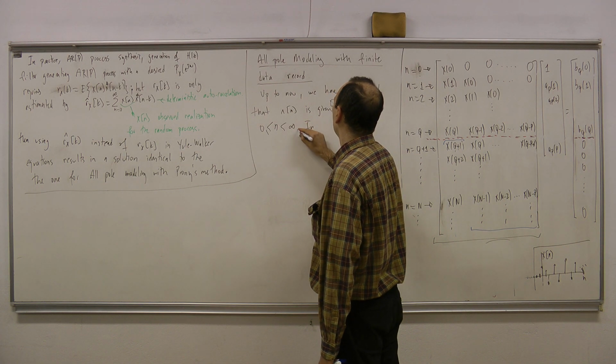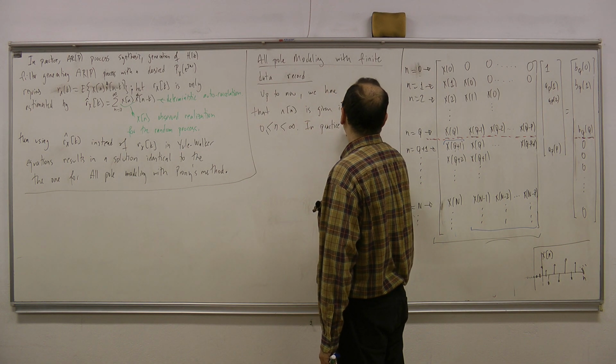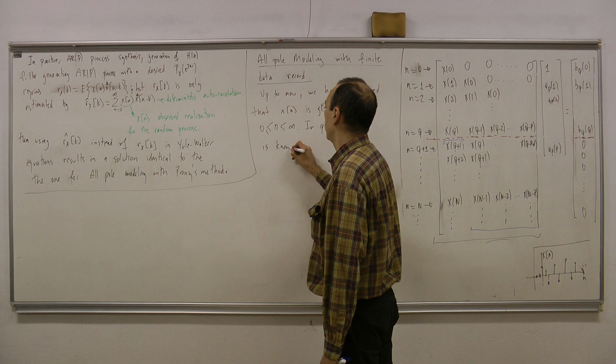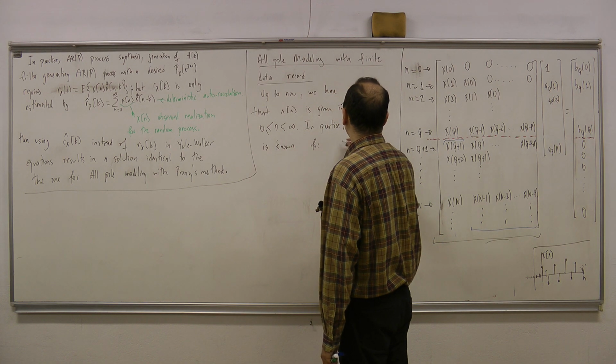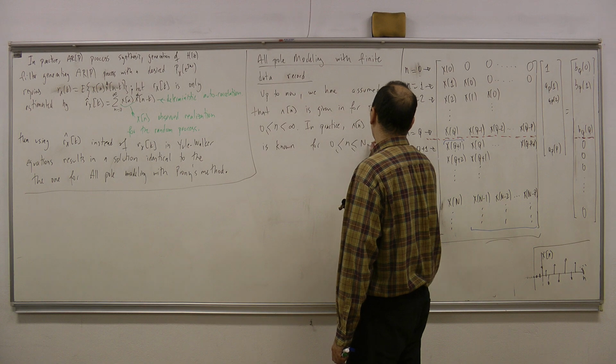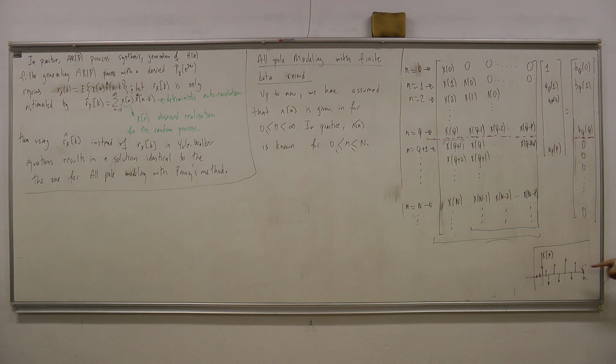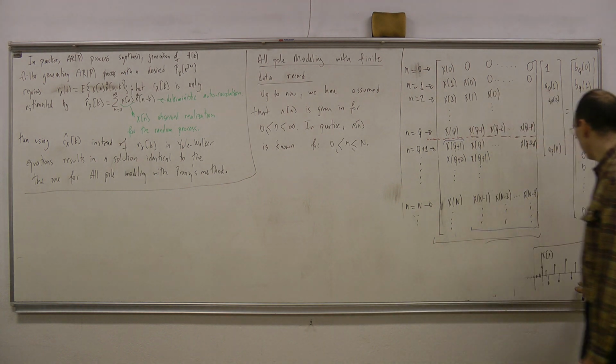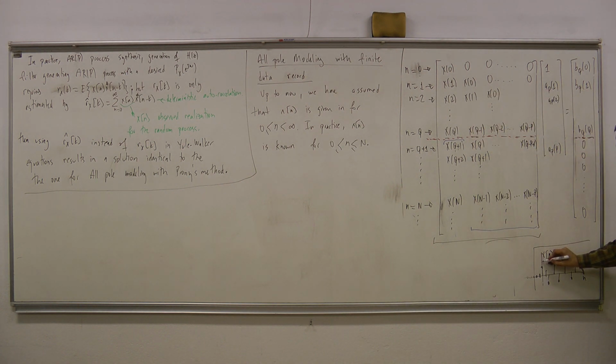Again, in practice, x of n is known, this is the measurement, for n from 0 up to capital N. So please remember, this is my x of n sequence. I'm trying to fit an all-pole system to this measurement, but it's not extending to infinity, I have only N samples over here. So I don't know what happens after this.